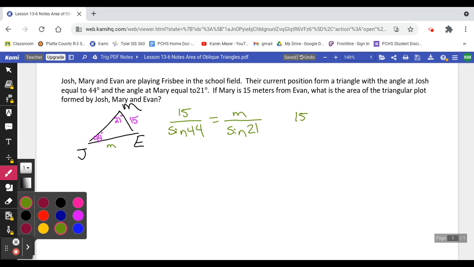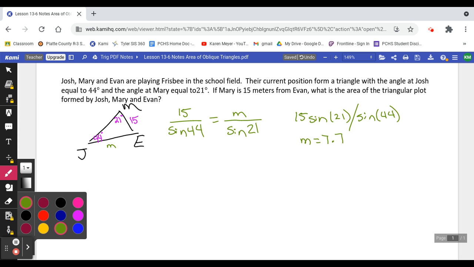I'm going to take 15 sine of 21 and divide it by sine of 44. Then I'm going to type that in my calculator and get little m to be 7.7. Now I know little m and I know little j.